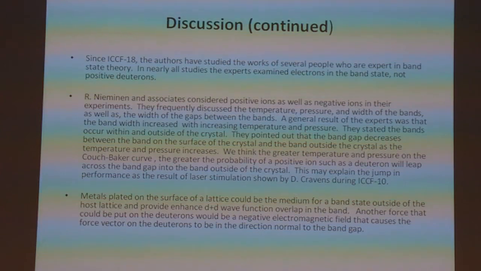And I got to thinking, well, maybe that's what Dennis Cravens and Dennis Letts were doing when they plated that gold on there and then hit it with a laser and caused a lot more deuterons to jump into the band state. And so their graph went up. I've seen that graph on 2 or 3 charts, but I think there's a good possibility that that's why those increases are occurring.